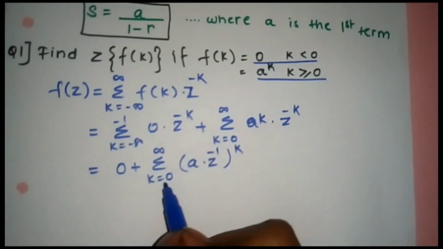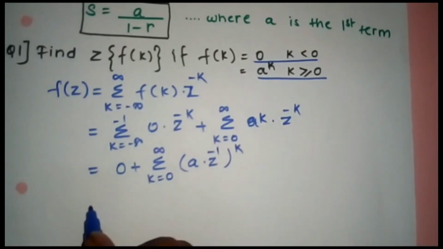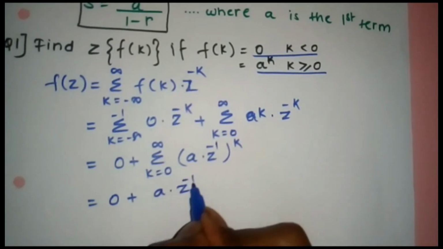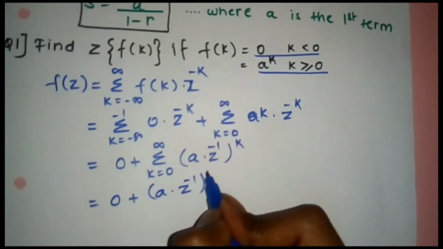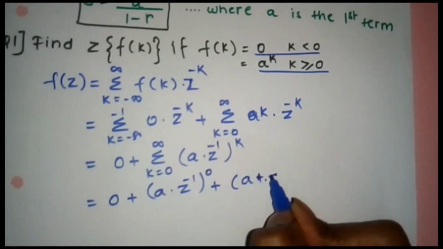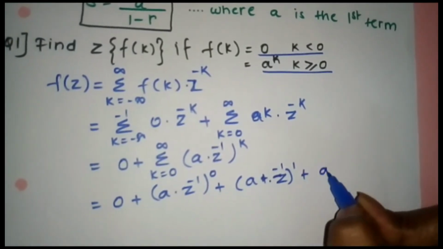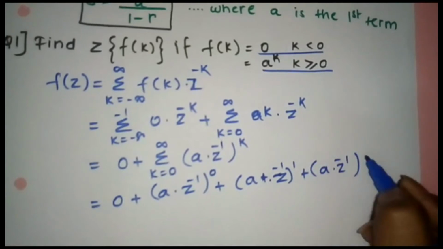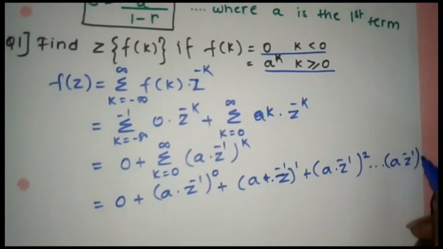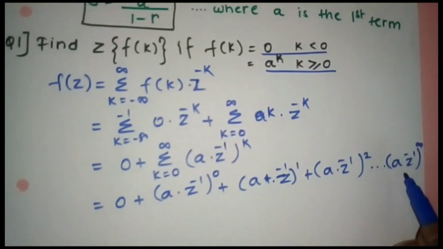So now from 0 to infinity we will put values for k: for k equal to 0, plus a z inverse raised to 1, plus a z inverse raised to 2, and so on till a z raised to minus 1 raised to infinity.